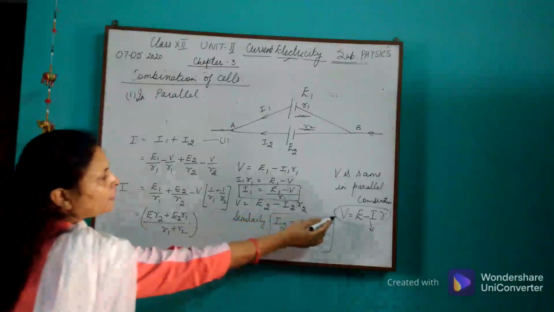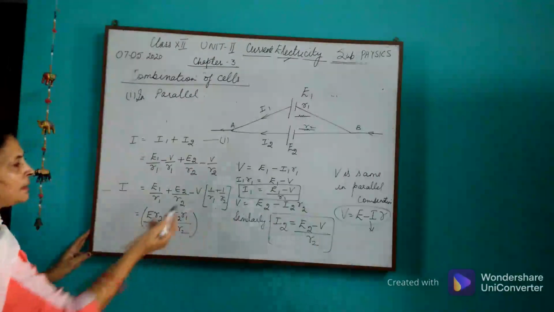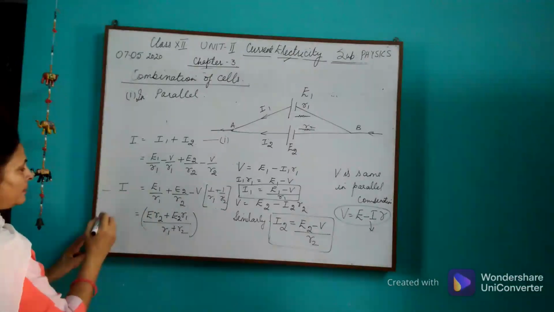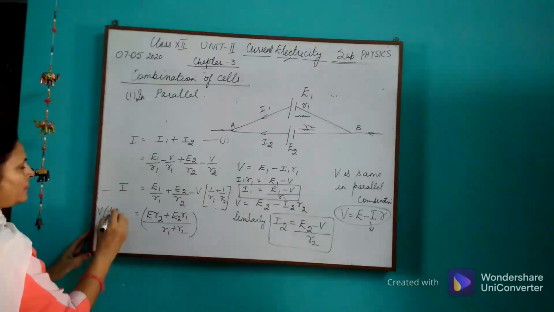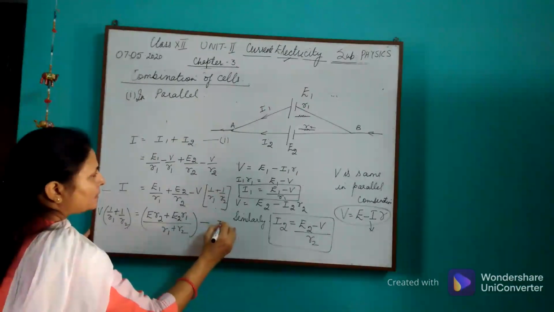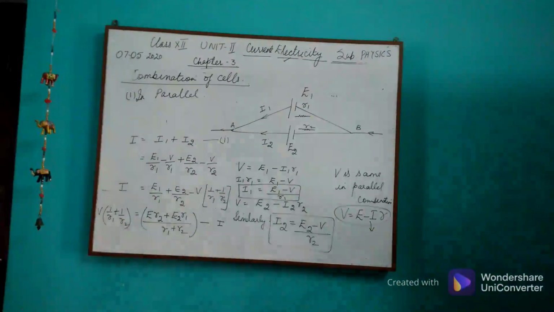Since I have to bring V on the left hand side and I on the right hand side, I'll bring this on the left hand side: V times 1 upon R1 plus 1 upon R2, and this is going to give me minus I here.